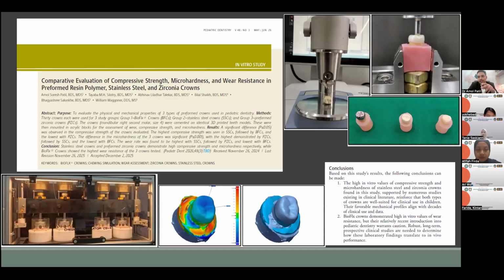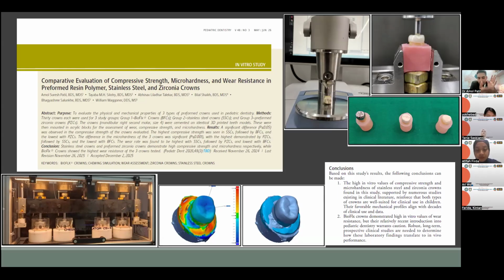So this is the in vitro trial which was recently published in Pediatric Dentistry, where we tested three different crowns which are most commonly used in today's times, that is stainless steel crowns, Biflex crowns, and zirconia crowns. We did a chewing simulation on all of these crowns. The chewing simulation mimics around 5 years of chewing in the oral cavity.